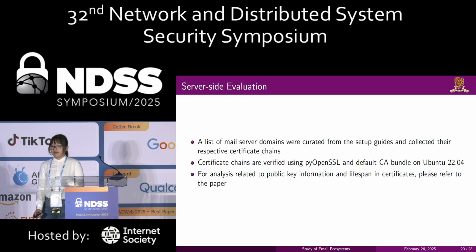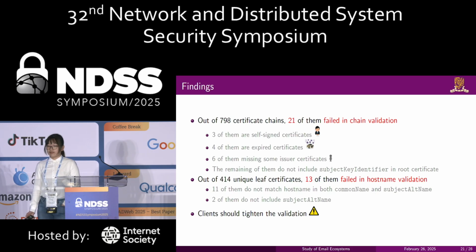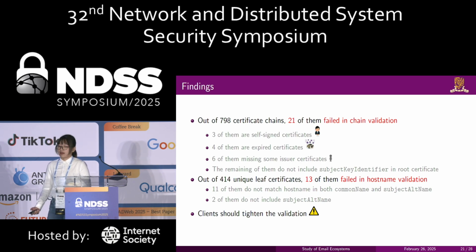For the server-side evaluation, we gathered a set of certificate chains from the servers' domains that we collected from the setup guides, and then we tried to verify them with the PyOpenSSL library. We also analyzed some public key information and the certificate lifespan, but more details can be found in the paper. Out of around 800 certificate chains, only a small number failed in the chain validation.